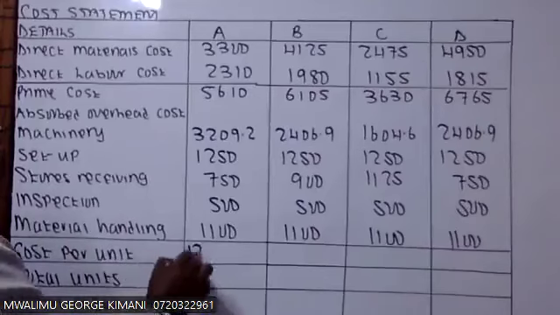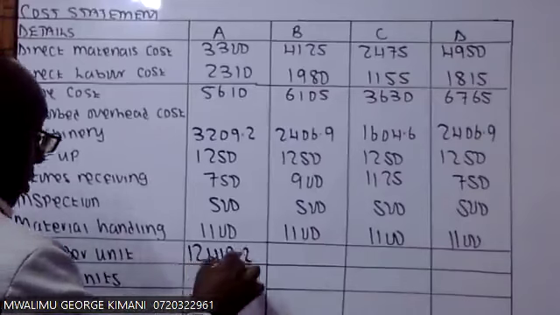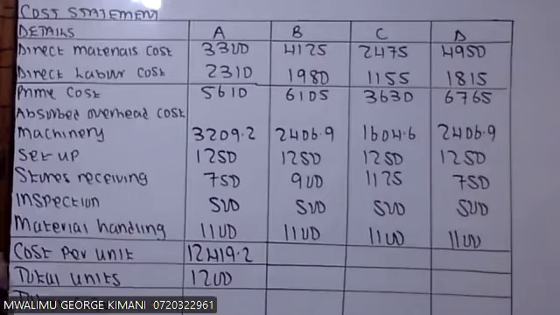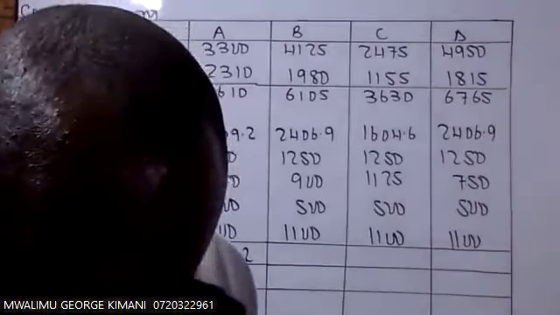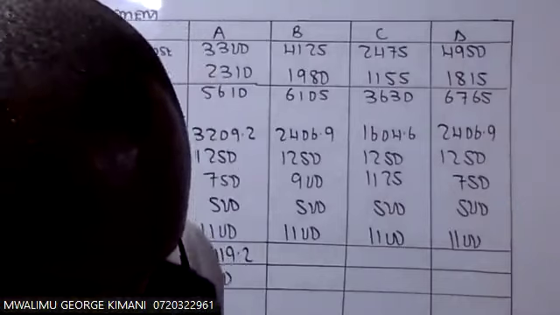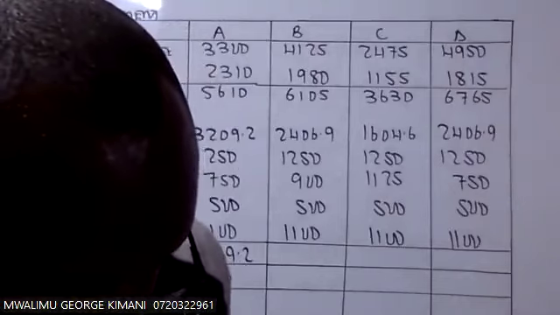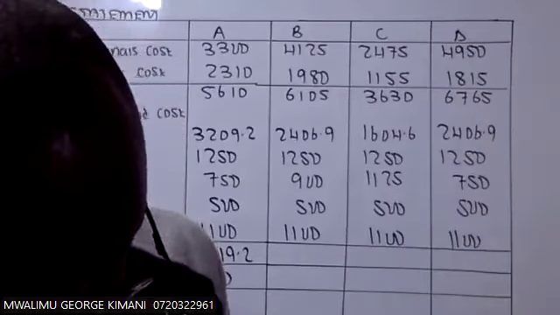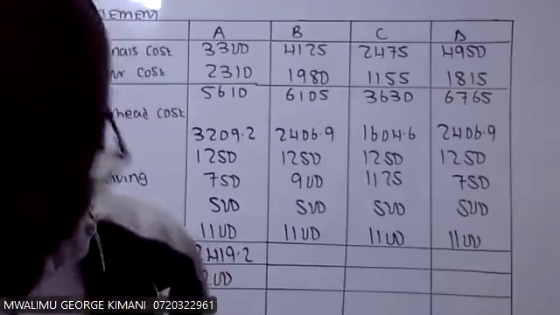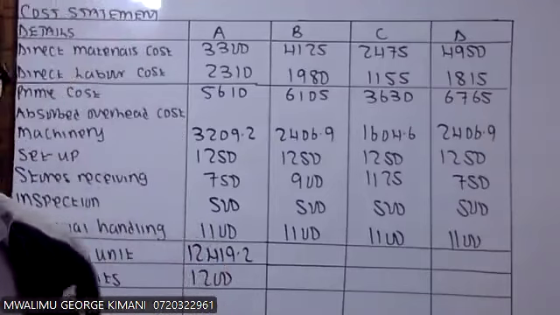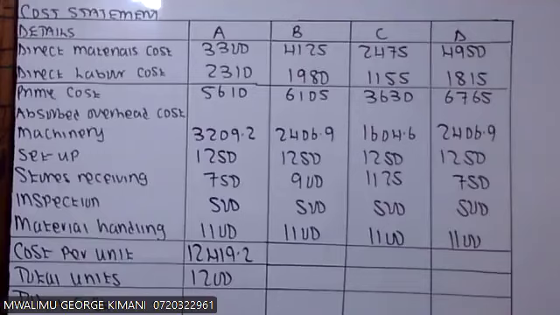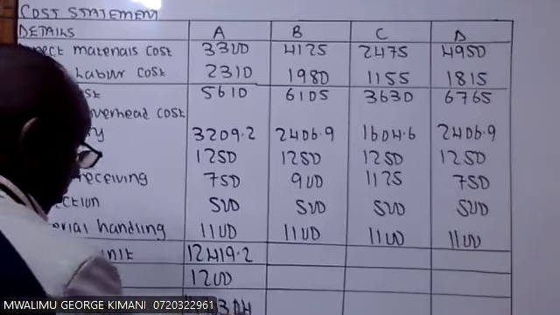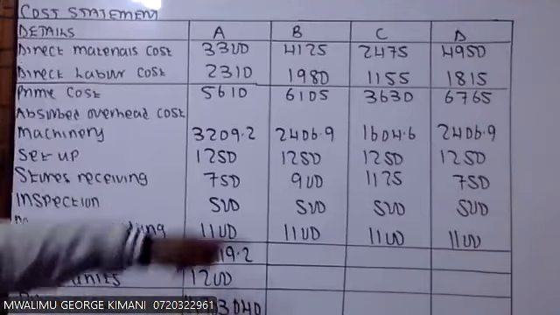$12,419.2. Now the number of units are 1,200. So multiply. $14,903,040. Now add these ones.